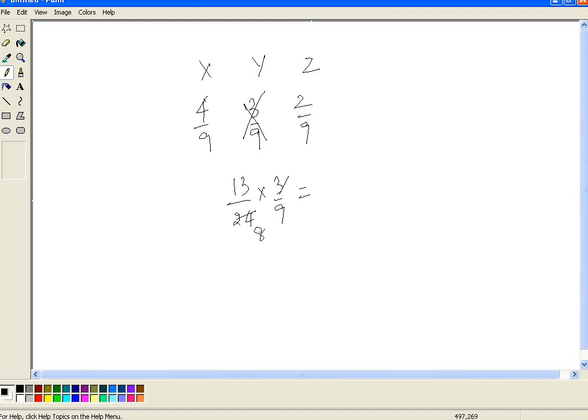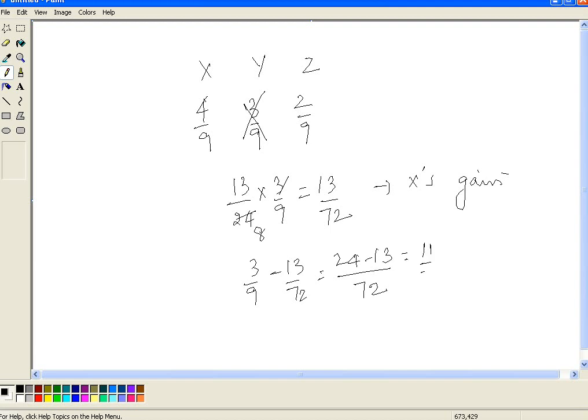So this is 13 by 72. This is X's gain. So now what is Z's gain? Z's gain will be 3 by 9 minus 13 by 72. The remaining share of Y will go to Z. So this is 24 minus 13, 11 by 72.